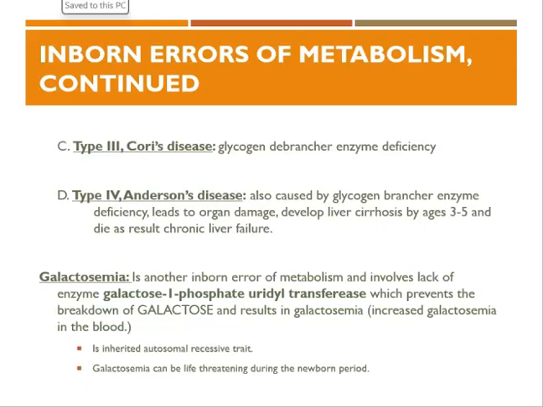Another inborn error of metabolism is galactosemia, and it involves the lack of an enzyme which prevents the breakdown of galactose. It's an inherited autosomal recessive trait. Galactosemia can be life-threatening during the newborn period.